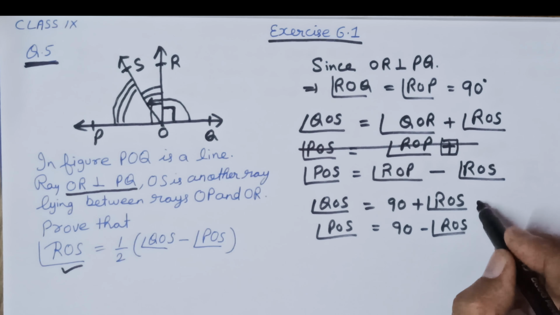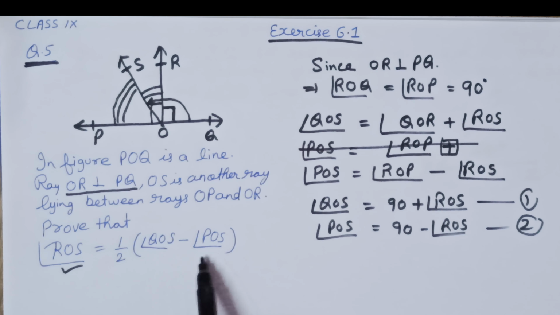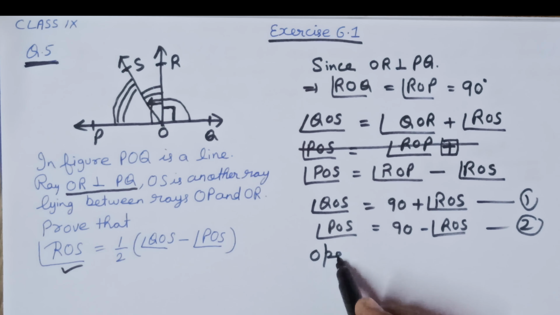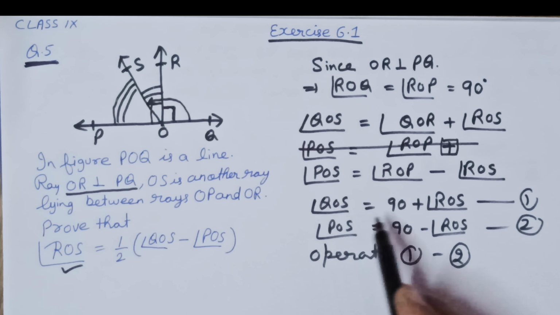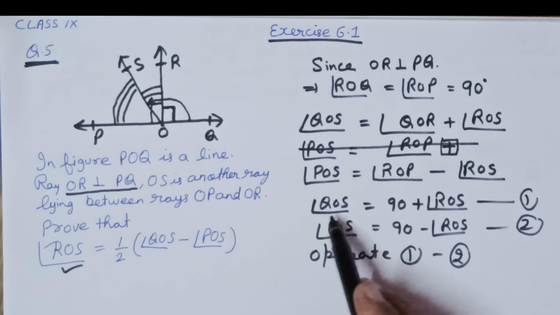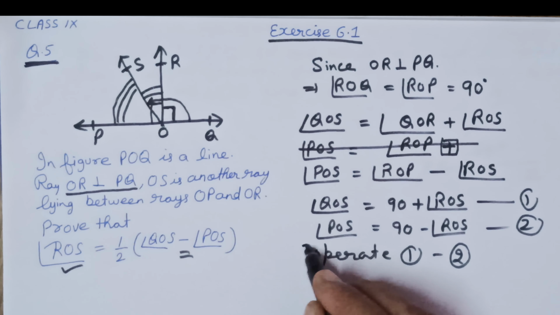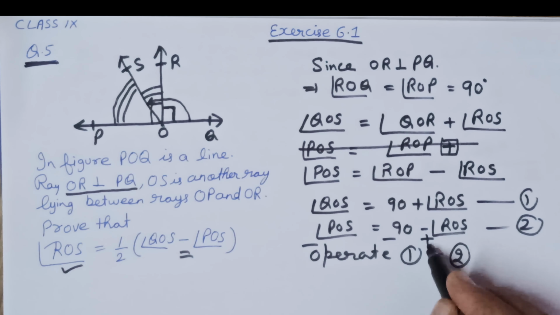Now see, we are to subtract. So operate 1 minus 2. From the first equation, the second will be subtracted because POS is to be subtracted, right? See here, minus sign is there. So change their sign. What happens? 90 will cancel out.